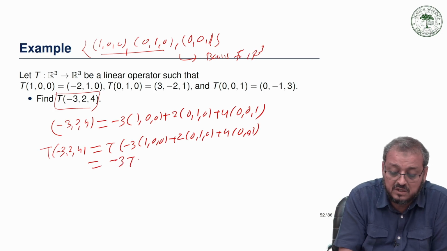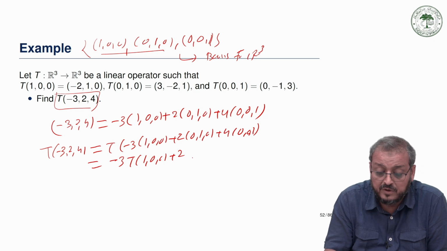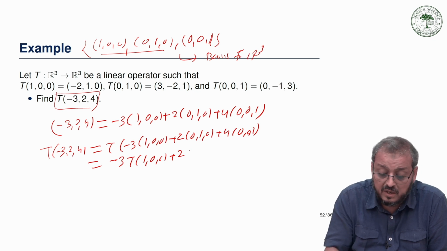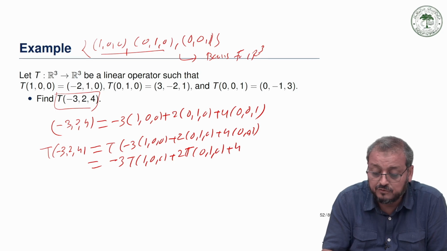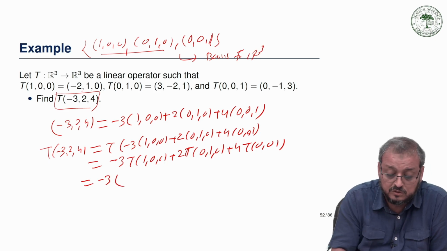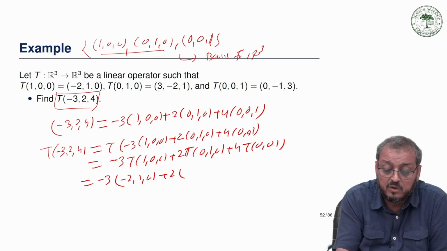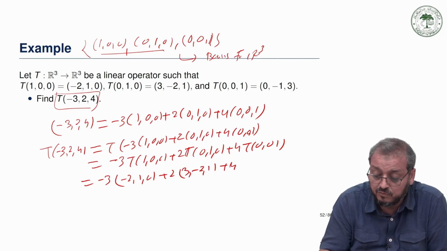So this is -3 times T of (1, 0, 0) plus 2 times T of (0, 1, 0) plus 4 times T of (0, 0, 1). This is equal to -3 times (-2, 1, 0) plus 2 times (3, -2, 1) plus 4 times (0, -1, 3).